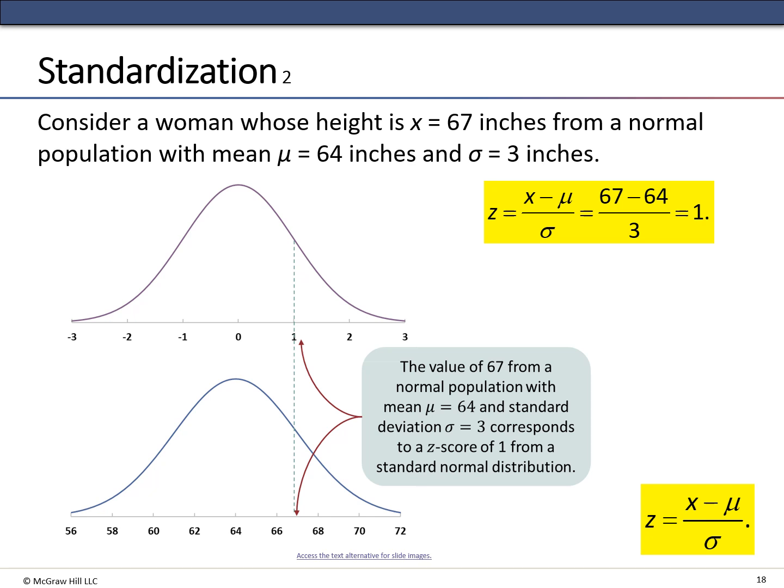This means that a woman's height of 67 inches is 1 standard deviation above the mean. So the value of 67 from a normal population with a mean of 64 and a standard deviation of 3 corresponds to a z-score of 1 from a standard normal distribution.